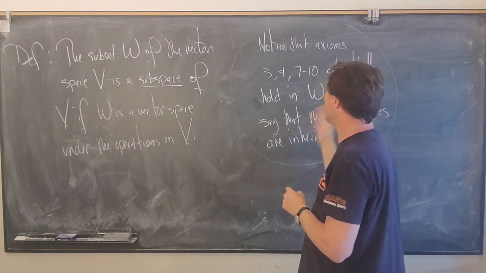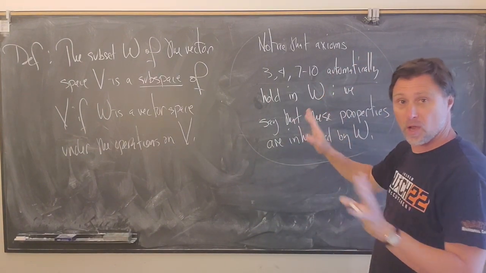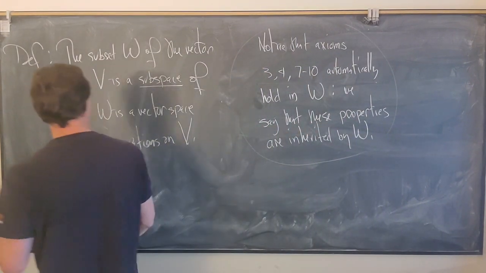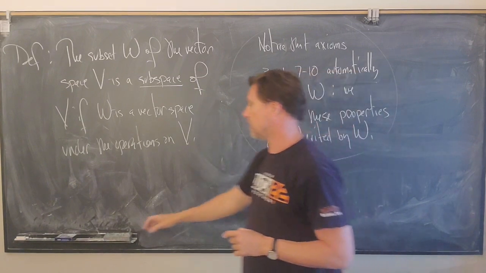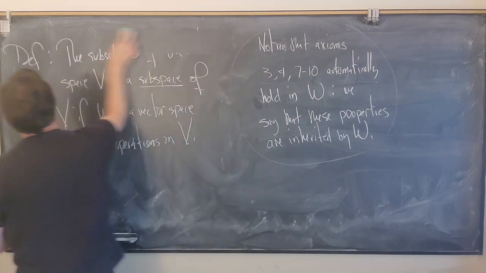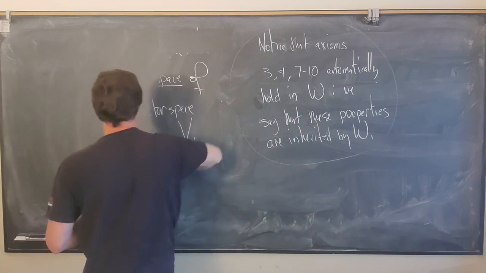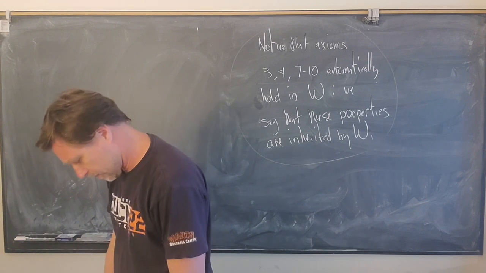Those are the ones that we are not certain whether they're going to hold. Axioms 3, 4, and 7 through 10 are going to automatically hold for any subset. So to be a subspace, to be a vector space in its own right, there are only 4 things that need to be checked.